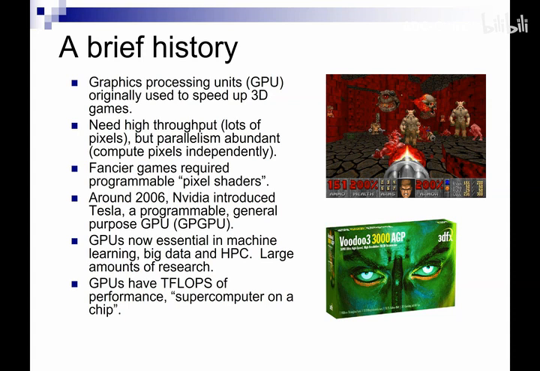I think I mentioned this, but if you look at the fastest supercomputer in the world in the year 2000, that supercomputer had about 10 teraflops of computational power. Nowadays you can buy a GPU for, I don't know, $500, and that's got the same power as that supercomputer back then.